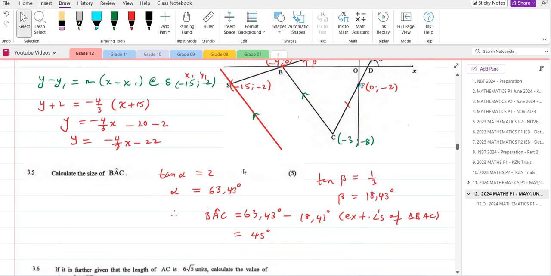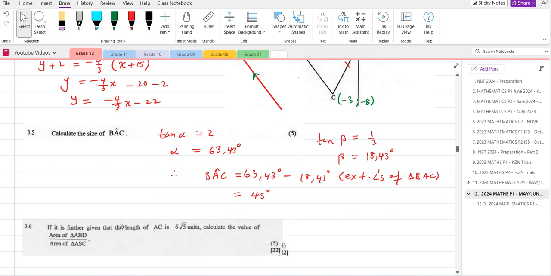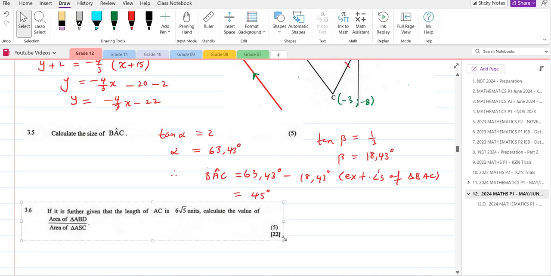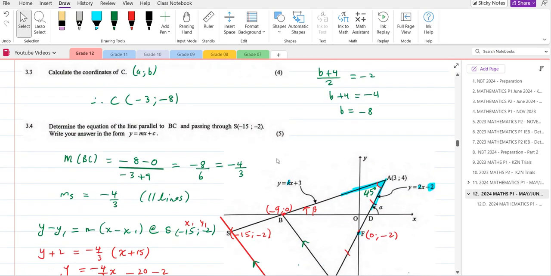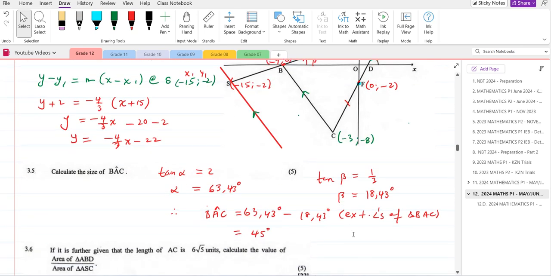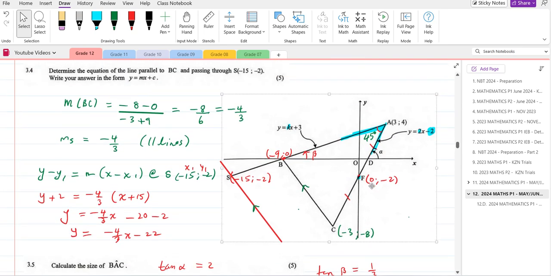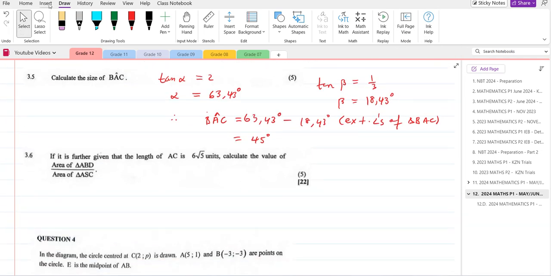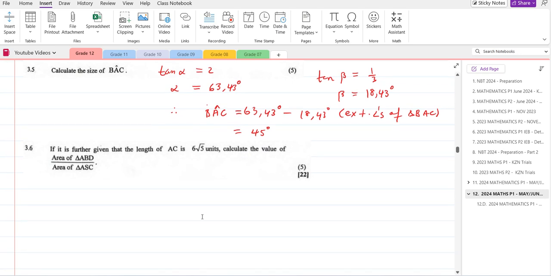Now moving on, each of these questions are 5 marks each towards the end. Crazy. That's a lot. Let's copy this and put it here, because I need to explain this to you, what area we're calculating.